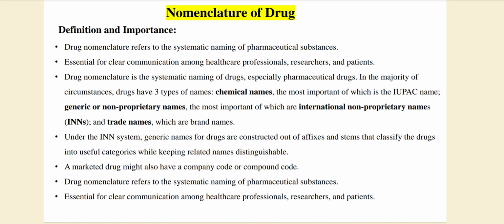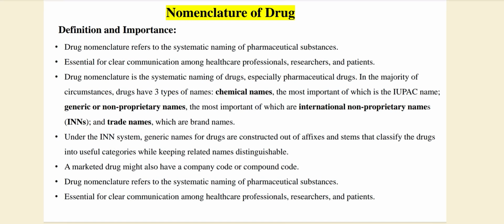Drug nomenclature refers to the systematic naming of pharmaceutical substances, essential for clear communication among healthcare professionals, researchers, and patients. Drug nomenclature is a systematic naming of drugs, especially pharmaceutical drugs.